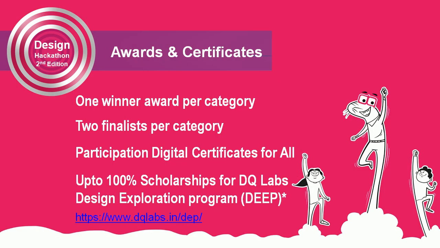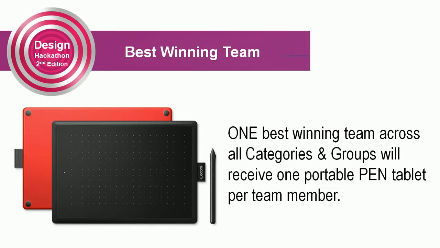There are many awards and certificates to be won. 1 winner award per category, 2 finalists per category, digital certificates for all the participants, and up to 100% scholarships for DQ Labs Design Exploration Program for all the participants depending on your performance. 1 best winning team across all categories and groups will receive a portable pen tablet per team member. Let us say there are 5 people in your team.